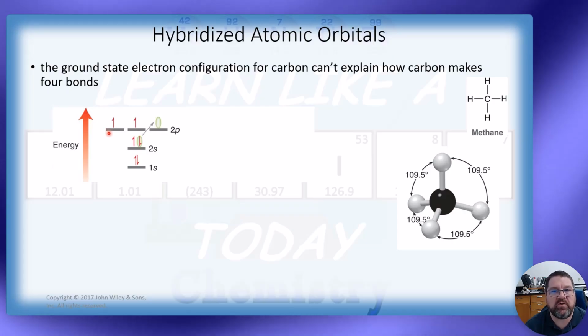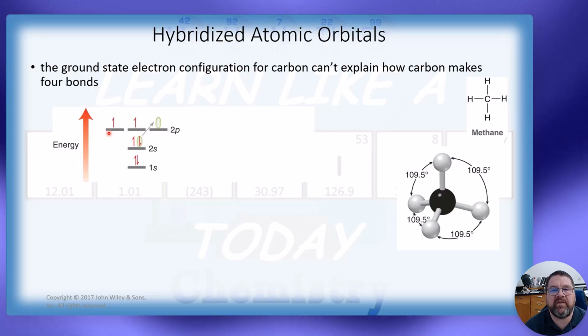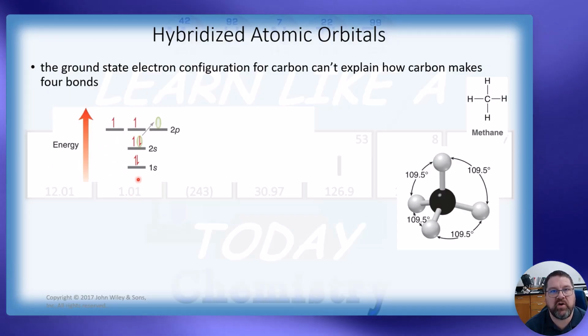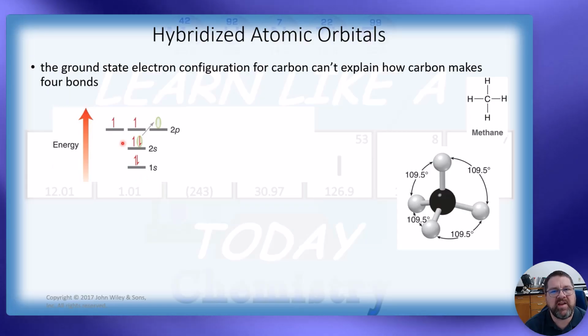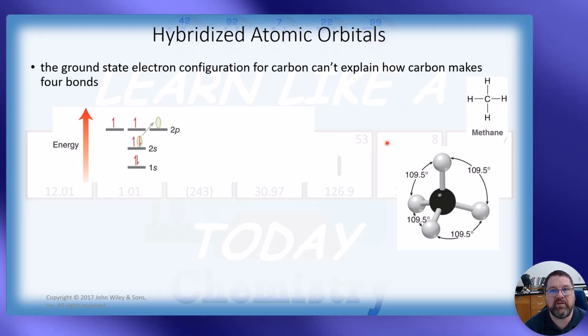Yet we know that carbon preferentially forms 4 bonds. It's tetravalent. And so this typical way of distributing electrons according to the Aufbau principle doesn't jive with what experimentally we know to be true, the fact that carbon can form 4 bonds.